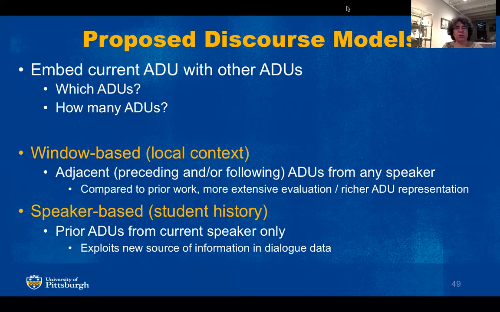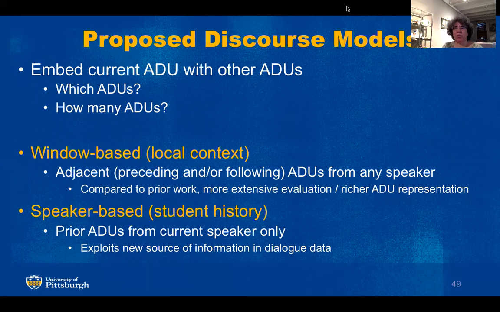And again, the 2 sources of discourse knowledge are one based on ignoring speakers, based on position, and compared to our prior work, as you'll see, we're looking at more extensive evaluations. Should the windows have utterances before, after, or both?